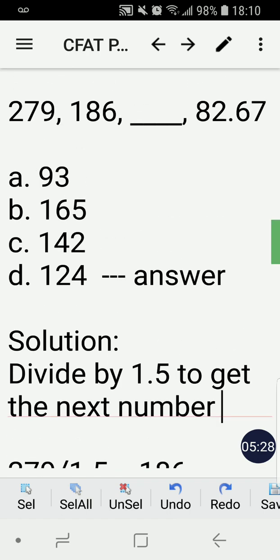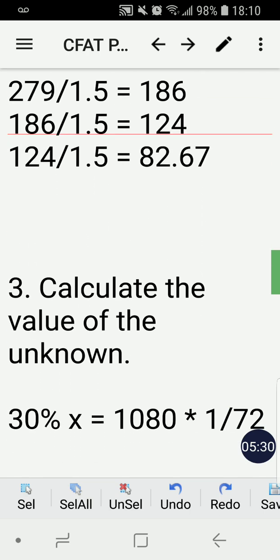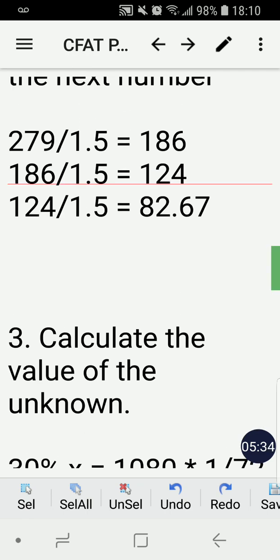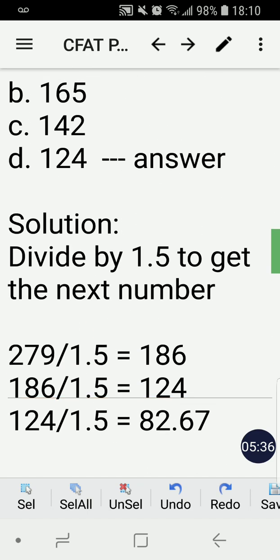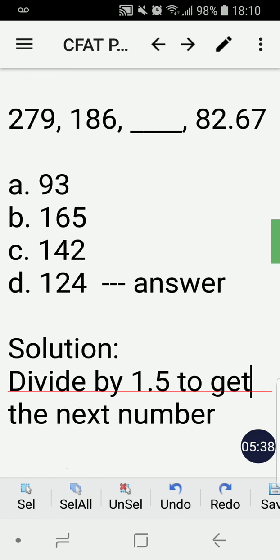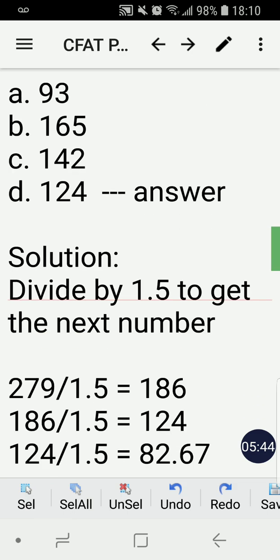And then we further divide 124 by 1.5 and get 82.67, which is the last number in the series. So the answer is 124, letter D.